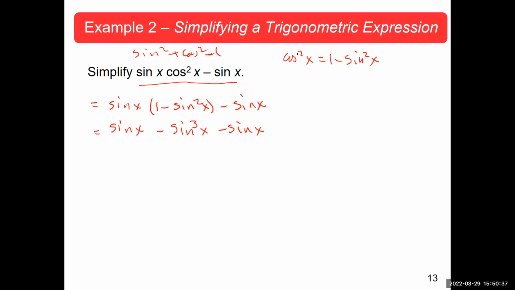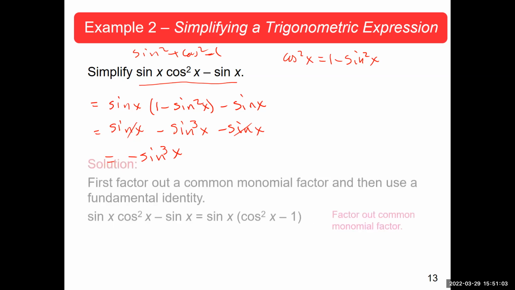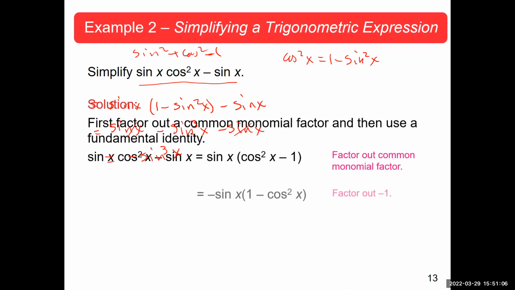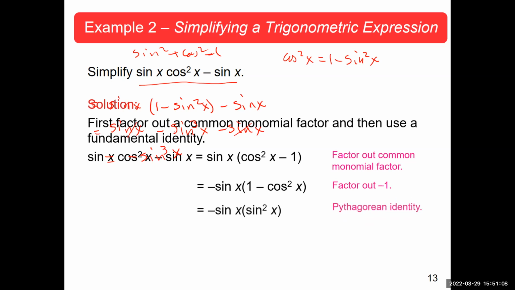All I did was replace cosine square by 1 minus sine square, plug it in, distribute. Now sine minus sine, they cancel out. So the final answer is negative sine cube x. I think that's the simplest possible. The only thing they say is simplify. That's it. So same answer.